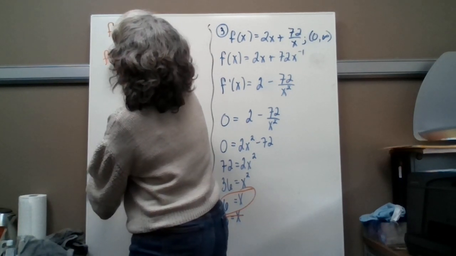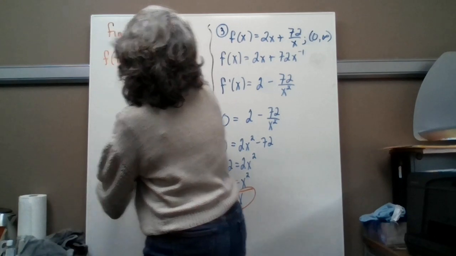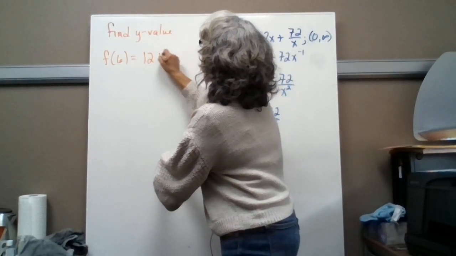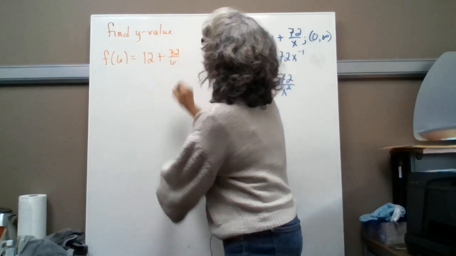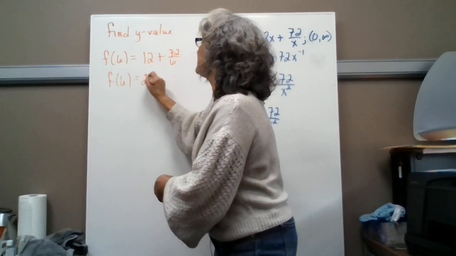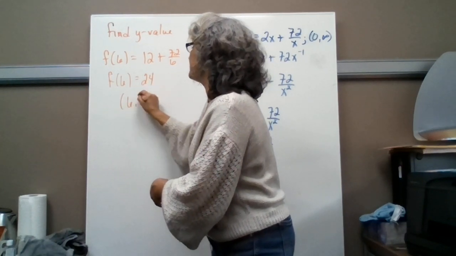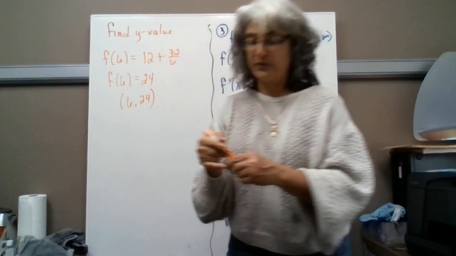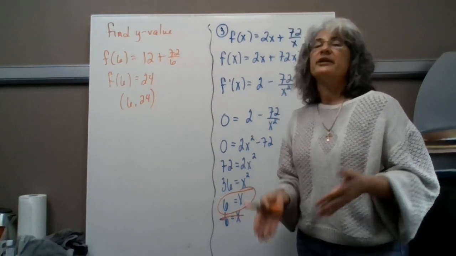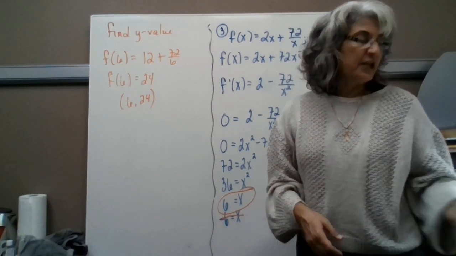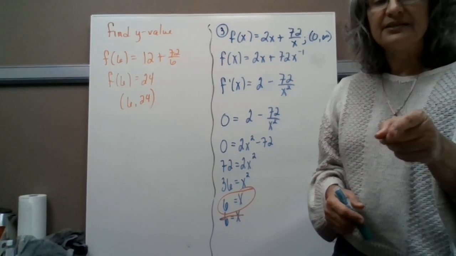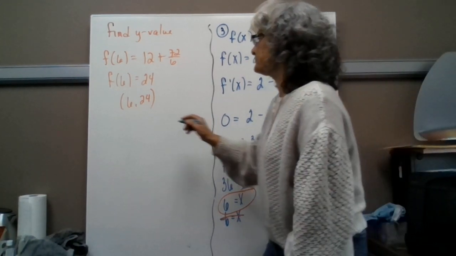So I'm going to take f of positive 6. And when I do that, that's going to give me 24. So now I have this point, 6, 24. And I need to decide if 24 is going to be an absolute min or an absolute max. To answer that question, what do I need? I need derivative number 2.